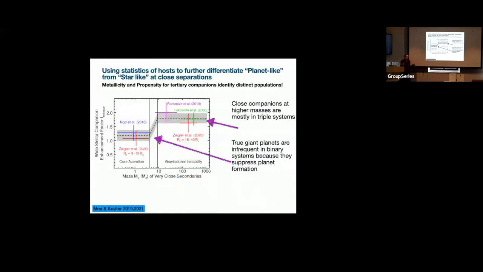So now what if I look at these boundary cases again? I'm now looking at the mass of that very close secondary, where this is a Jupiter mass down here, and these are stars up here. You can see that there's this big jump. And so if I look at low mass objects, there's basically a preference against having a tertiary. So having a Jupiter does not make you more likely to have a tertiary companion that's a star.